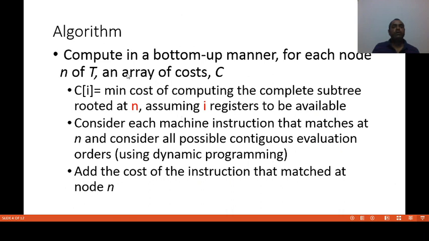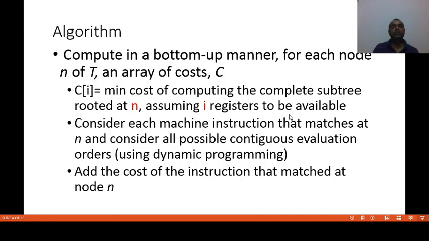Algorithm. Compute in bottom-up manner for each node n of T, where T represents the tree, an array of cost C. We have to calculate this C in bottom-up manner for each node that is present in the tree, where Ci equals the minimum cost of computing the complete subtree rooted at n, assuming i registers to be available.